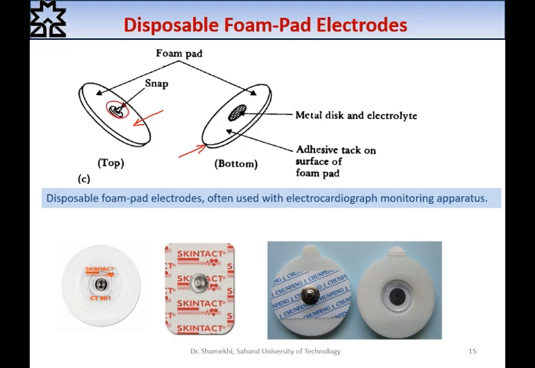In the top view, this snap is to connect to the lead wire, and in the bottom view you can see the adhesive part. This adhesive part leads to a good fixation of the electrode on the skin, therefore the motion artifact in this electrode is less than other types of the electrodes.